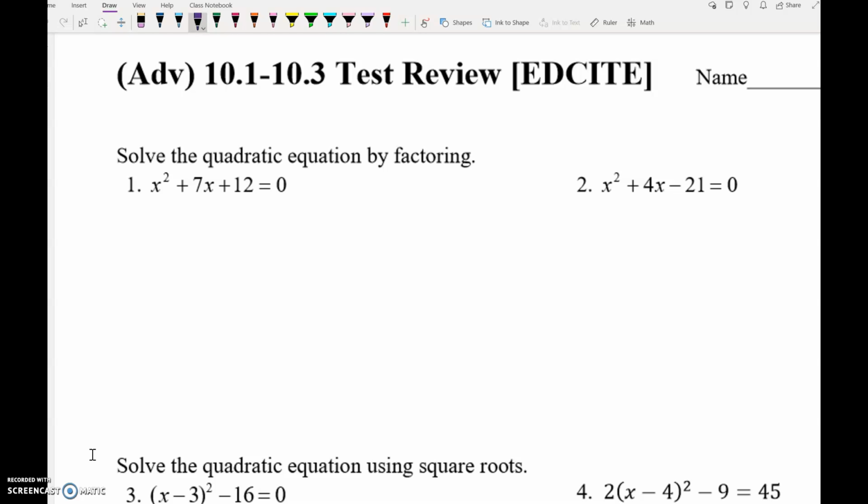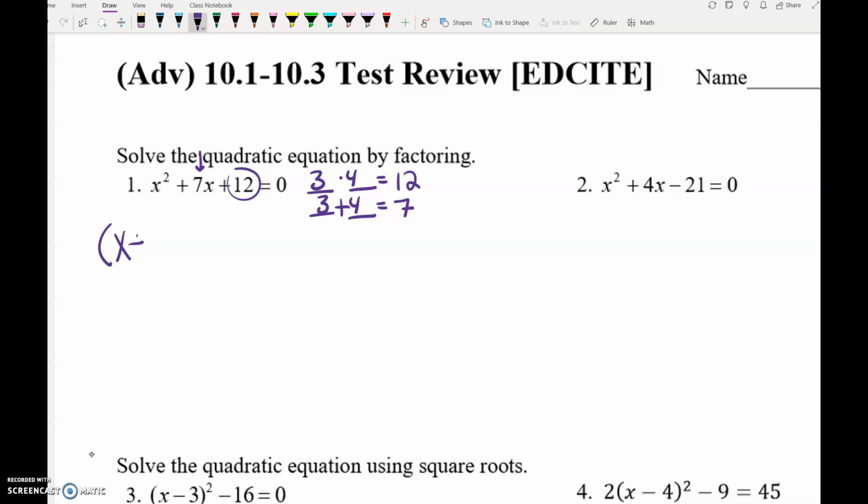When we solve by factoring, we are looking for two numbers that multiply to give us the 12. Those same numbers need to add up to the middle number 7. So 1 times 12, 2 times 6, 3 times 4. 3 times 4 gives us 12, 3 plus 4 gives us 7.